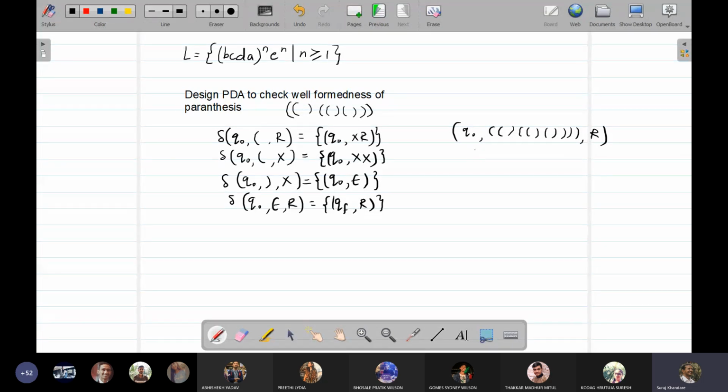So Q0, when we get opening bracket, we'll push X onto the stack.